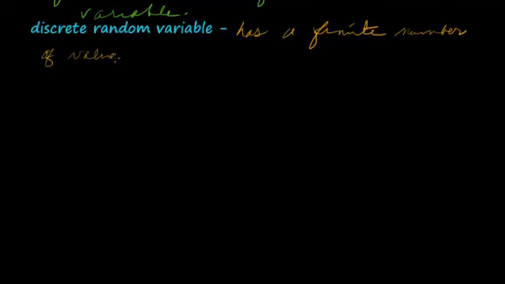So when we talk about a discrete random variable, we're talking about one that has either a finite number of values or a countable number.